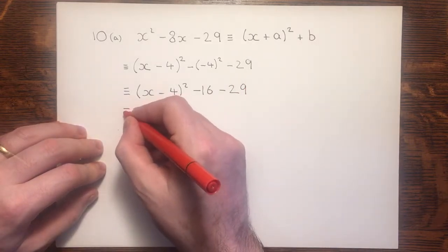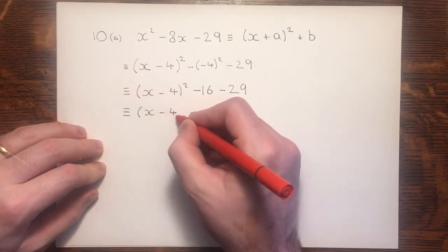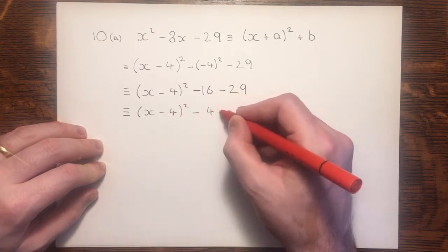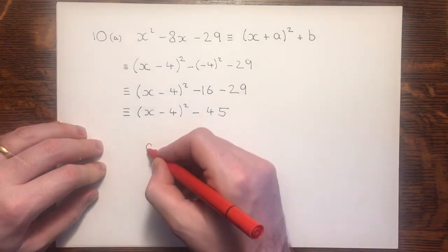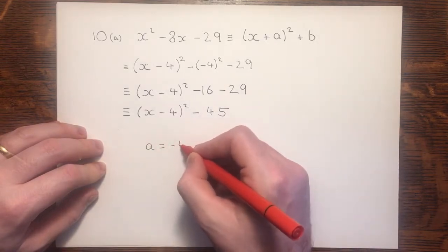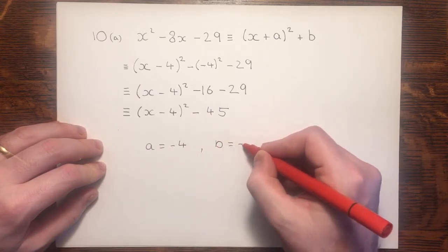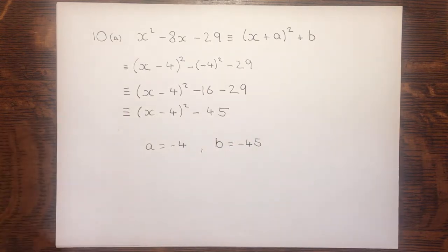And for my final move to tidy that up, I have x minus 4 all squared minus 45. And a is equal to minus 4, b is equal to minus 45. In this question, we were told to find the values of a and b, so we must state them. I tend to do that anyway.